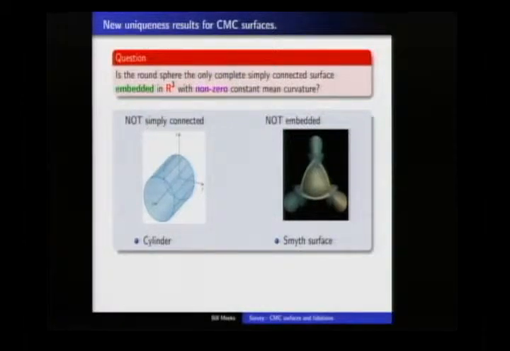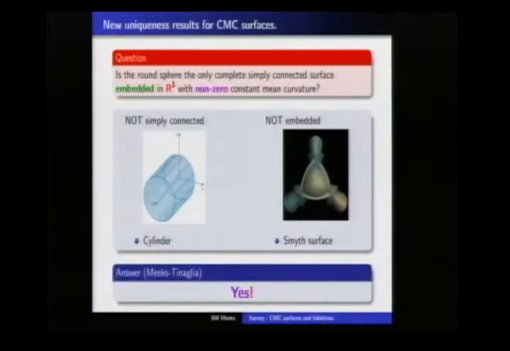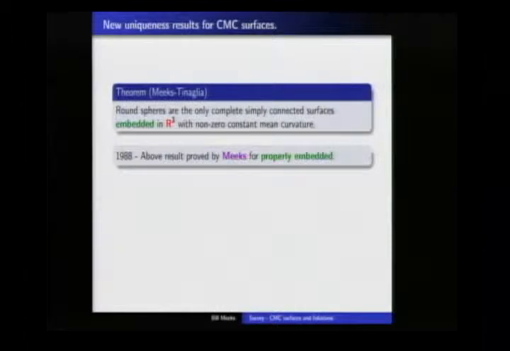So one of the things to try to understand is why is this hard to do? In particular, it turns out you can't do a whole plane. So you can't put a plane in R3 with a complete injectively immersed plane with non-zero constant mean curvature. So we're going to see some of these ideas here. So I'll go over some of the ideas as to why that's the case.